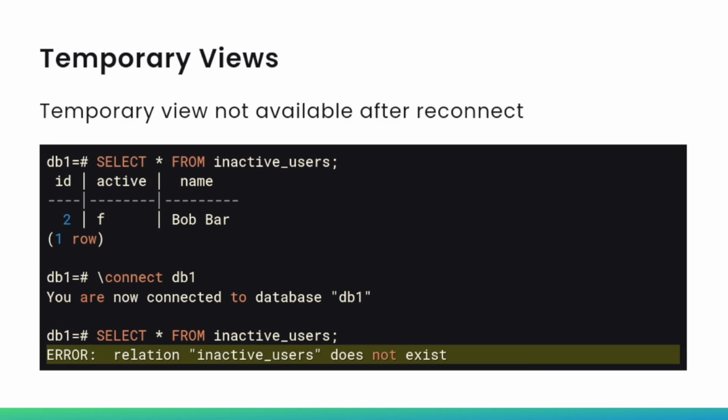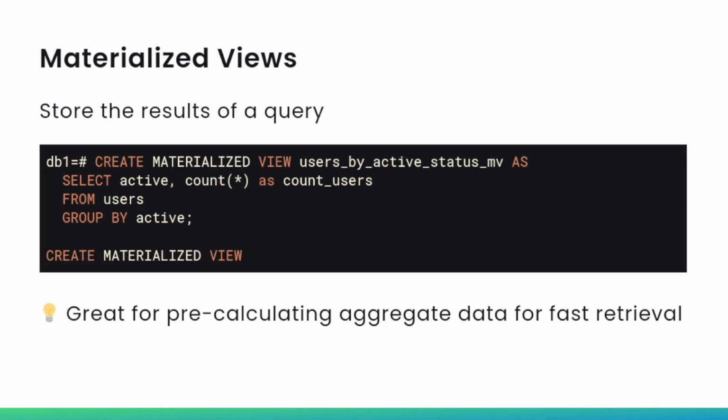And then when we reconnect to the DB using \connect db1, basically terminating the session and starting a fresh session on the same database, when we try to query inactive_users, we get that the relation does not exist. The reason for that is that inactive_users was a temporary view, and when we terminated the session, Postgres dropped the view.